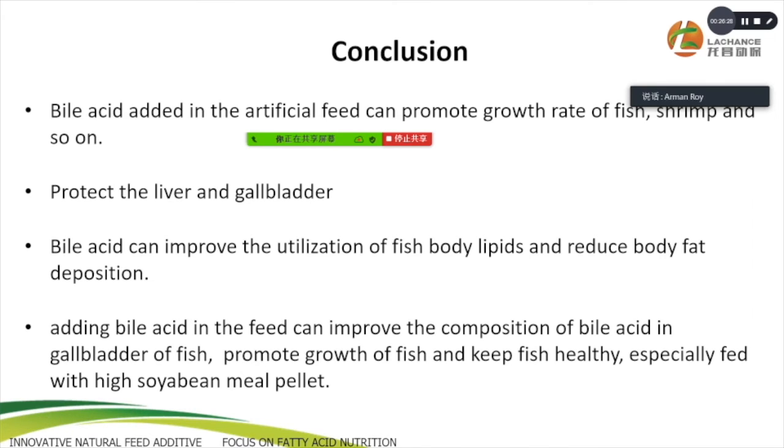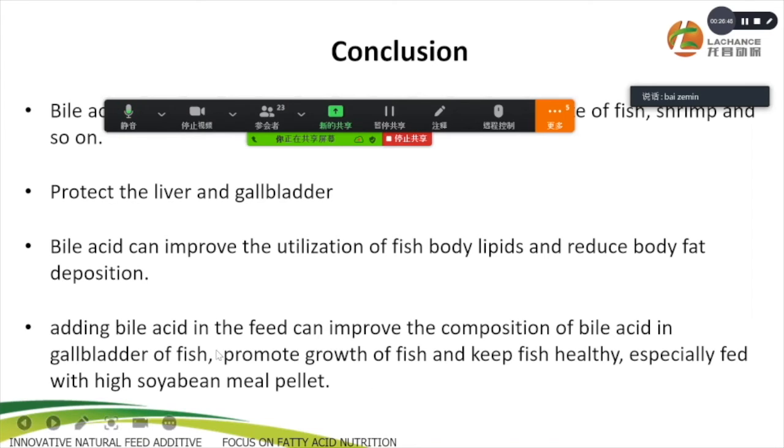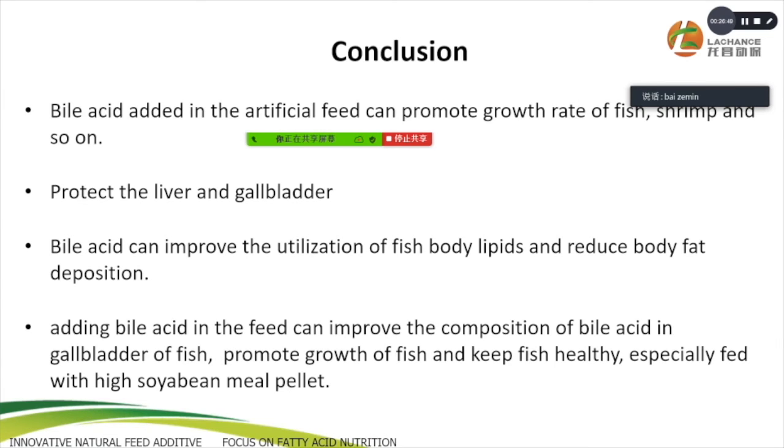And when we replace fish meal with plant protein, definitely if we add some bile acid, it will promote the growth of the fish and improve feed efficiency. I mean, now we found that for more than 40% replacement, we need to add some bile acid.